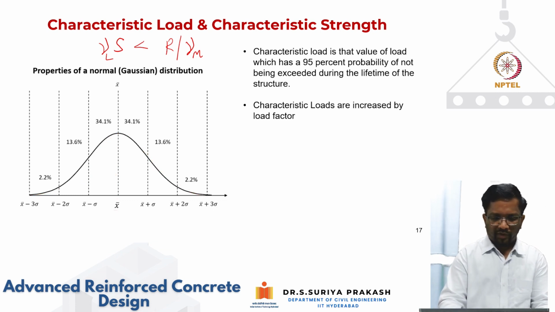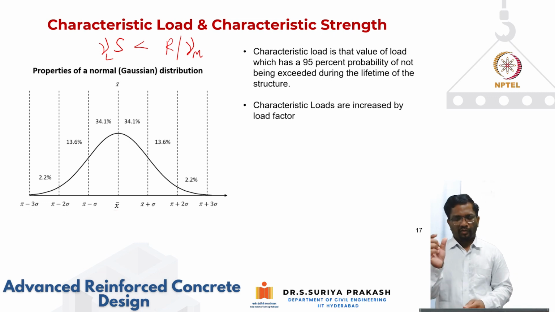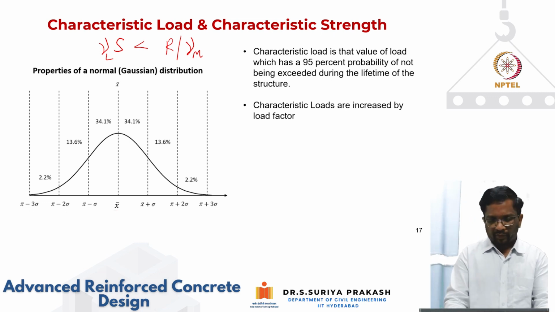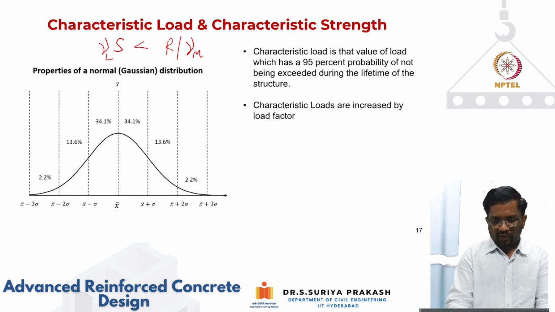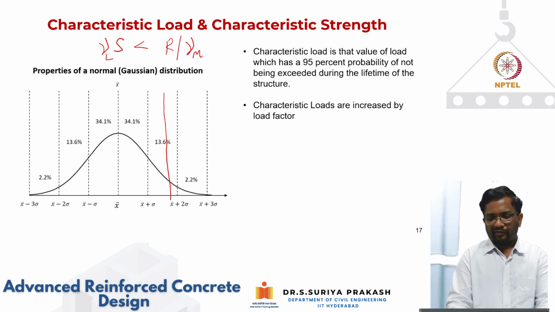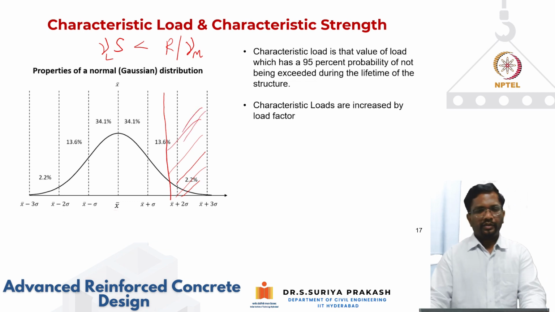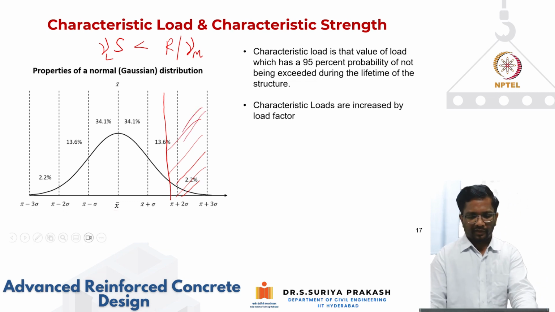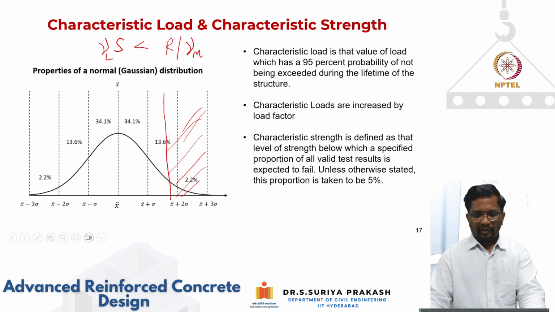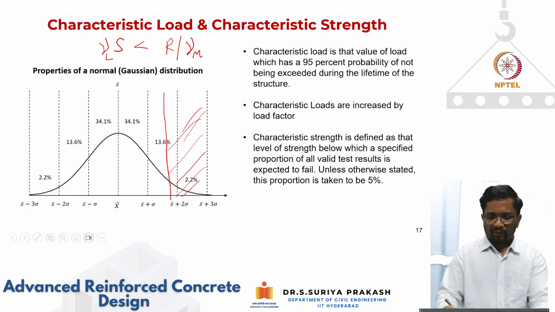We want to increase the load in such a way that only 5% will exceed it. If you look at this area, I have to choose a load in such a way that only 5% of this area will be exceeded at a time. That is what we define as characteristic load. This is with respect to load.